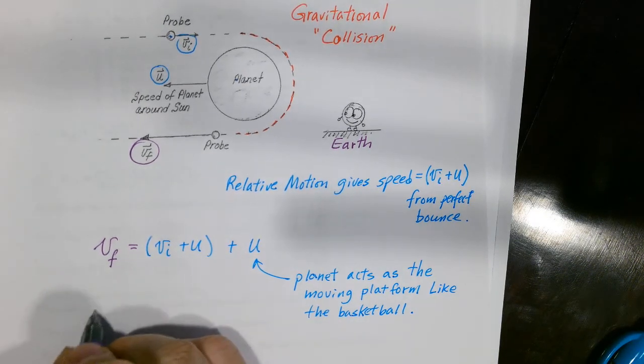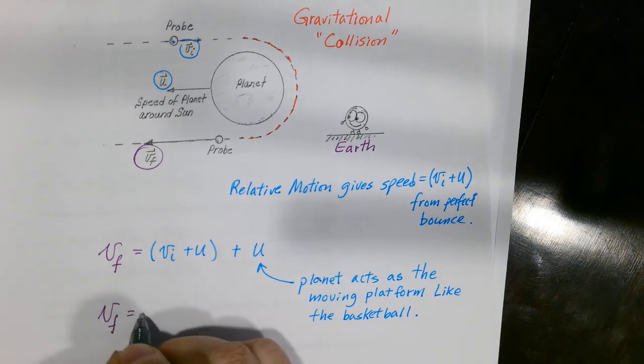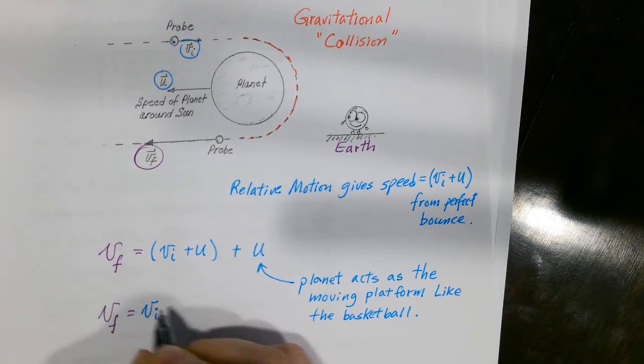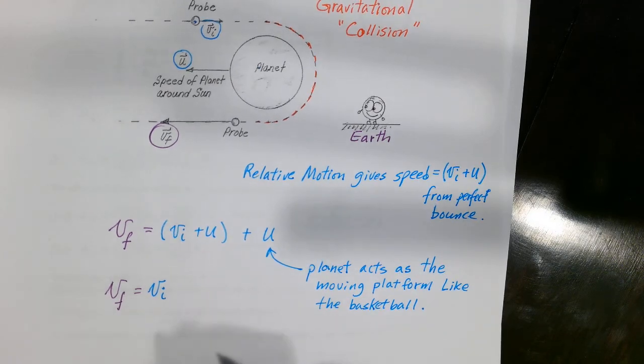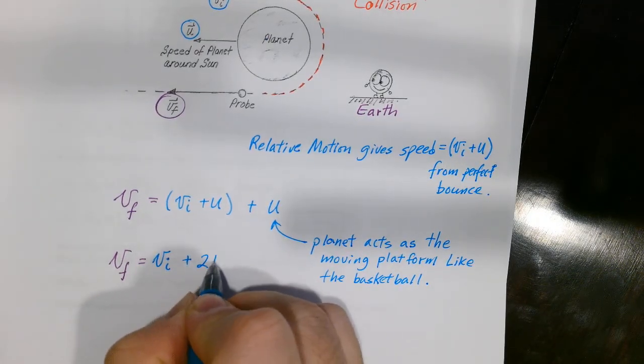Therefore, my VF is equal to the initial speed of the probe plus 2U.